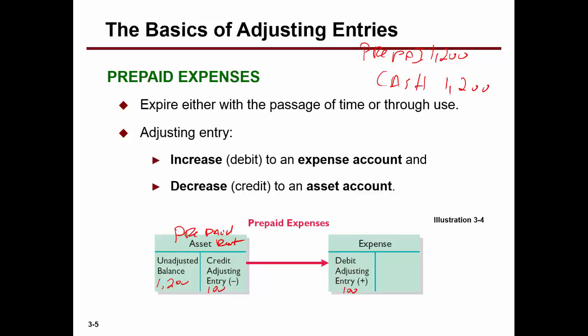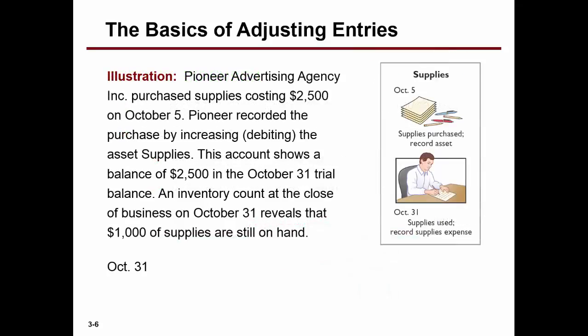Okay, good. You come over and take a look at this one now. And we have this situation where they bought some supplies of $2,500. Is it supplies or advertising? Advertising. Oh yeah, it's the advertising agency. But they bought supplies of $2,500, and they bought this on account.